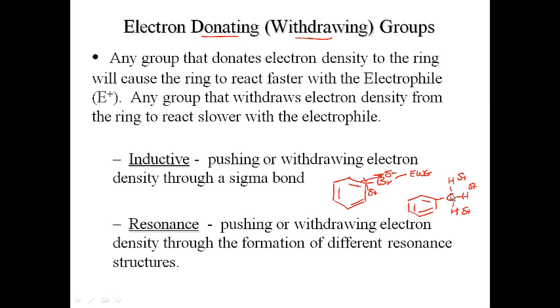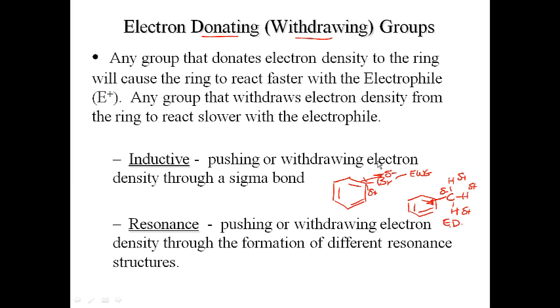That makes the carbon delta minus. What does it do? It now has the ability to push the electron density into the ring through the sigma bond. So both of these are inductive effects. This is your electron donating group through induction. This is electron withdrawing through induction.